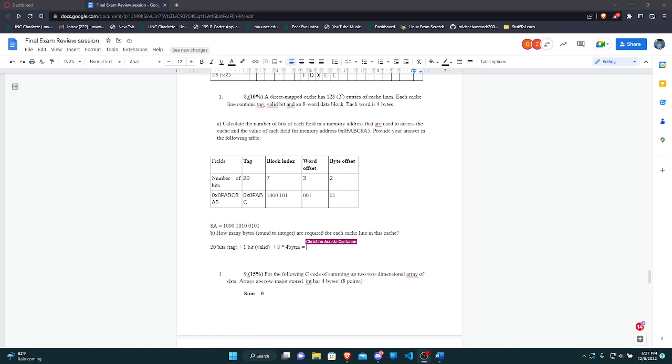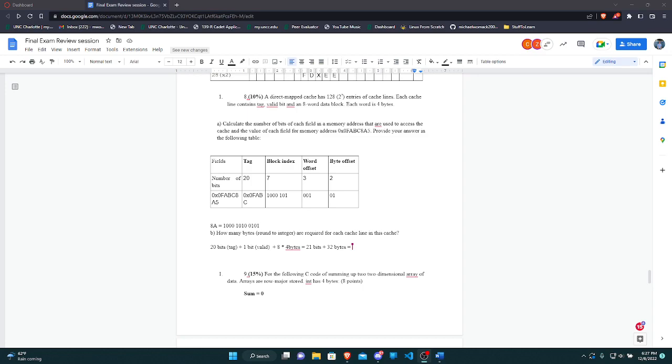Okay, and so we'll go ahead and add this up. This is 21 bits plus 32 bytes. We need to convert this into bits. How do we do that? I think for this one you can just round up because you have to divide by 8 so that we can convert back to bytes.